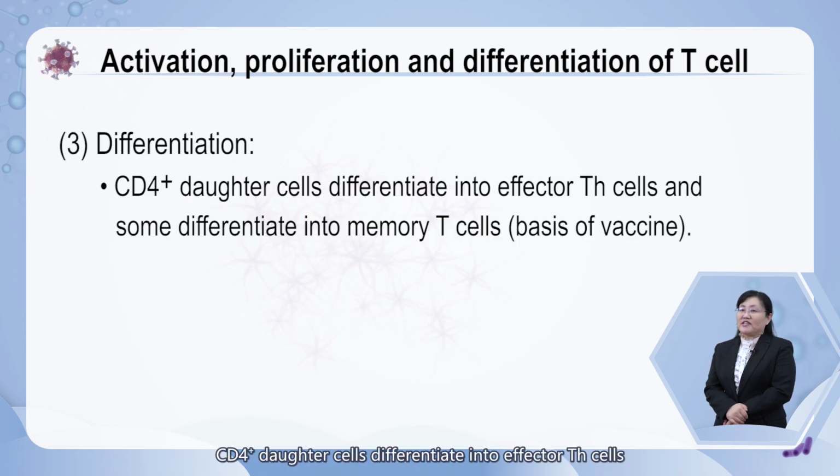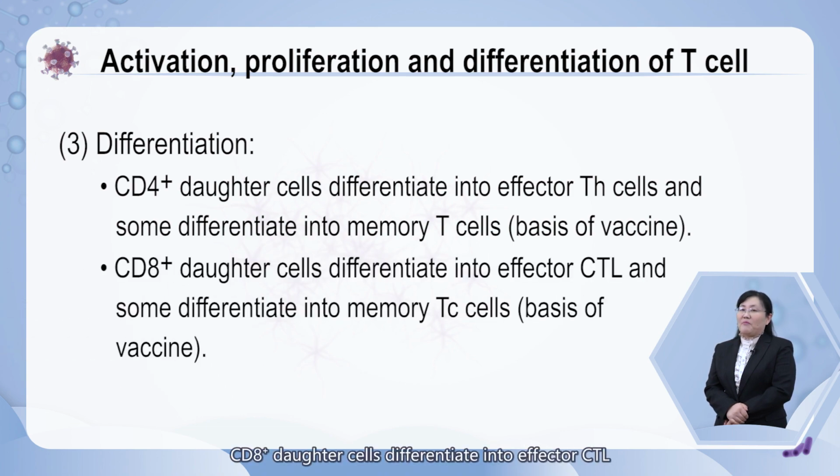CD4 positive daughter cells differentiate into effector T cells, and some differentiate into memory T cells. CD8 positive daughter cells differentiate into effector CTL, and some differentiate into memory TC cells. Memory T cells are the basis of vaccination.